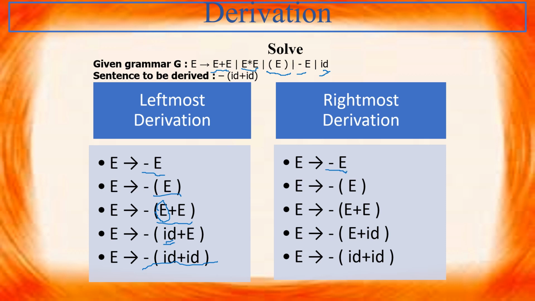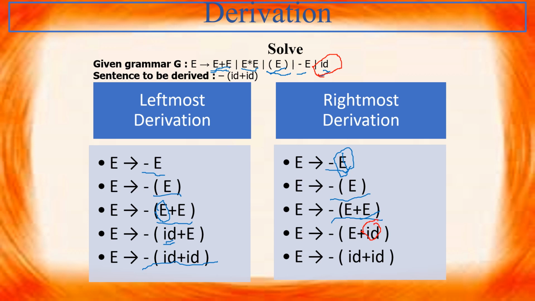First we take minus E, then for this E we apply within the brace E. After that we take E plus E, and here we apply the rightmost derivation, that is, in the rightmost E we apply id.